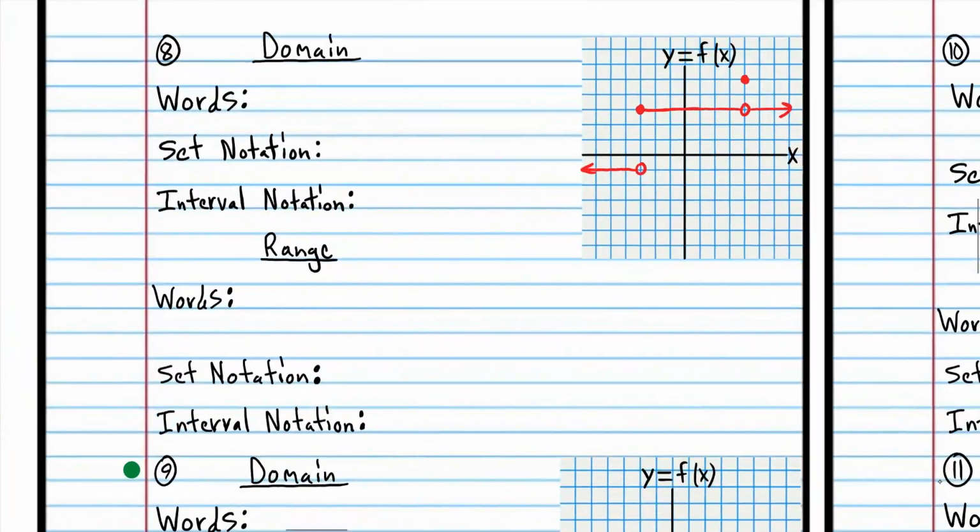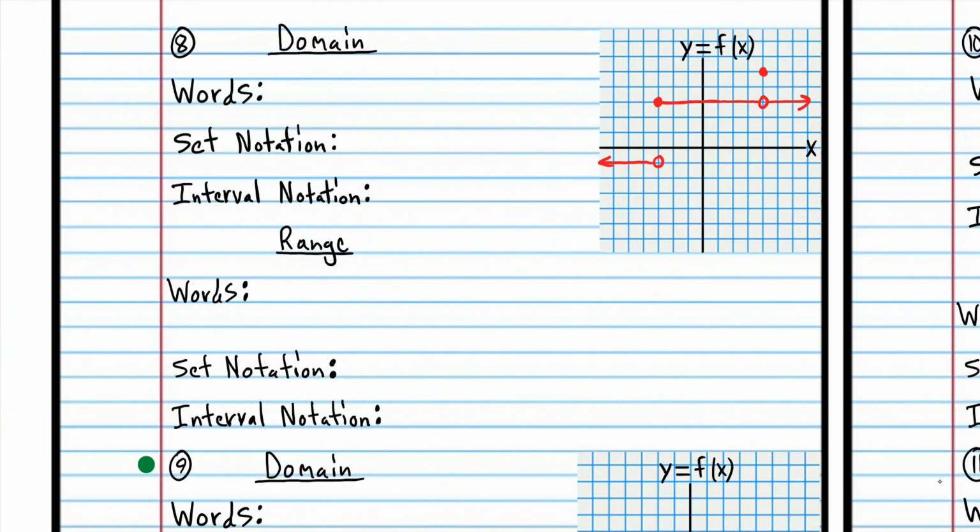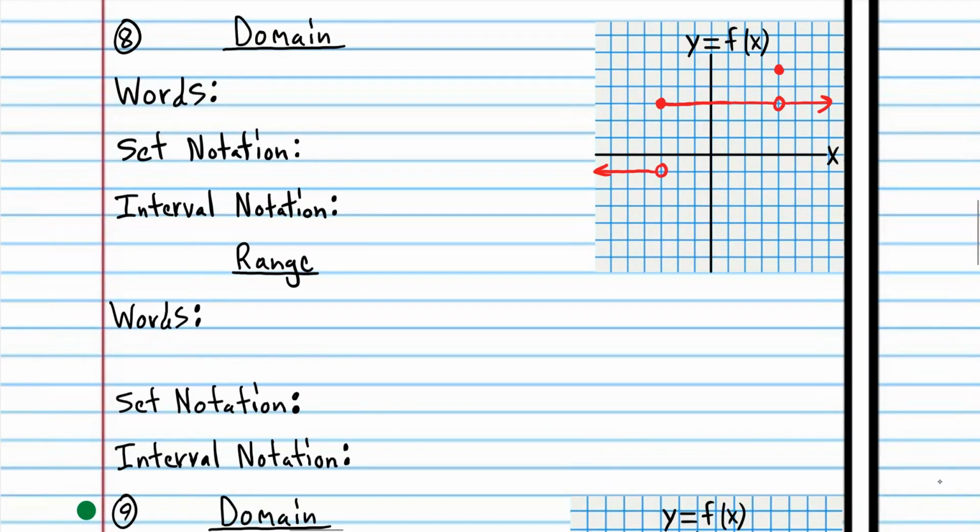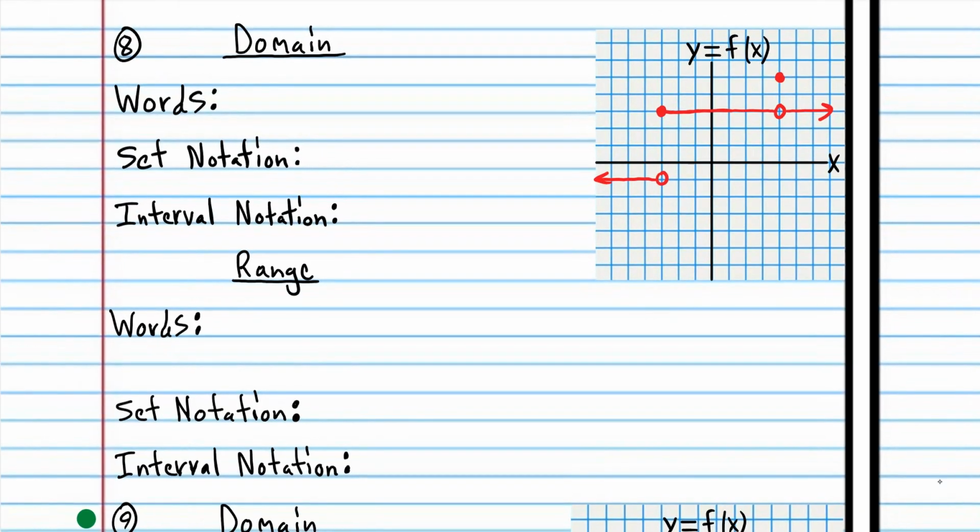Okay, so we're just going to do one more of these before you try one on your own. So what is the domain? The domain is actually all real numbers. There's no real number that is not in the domain.